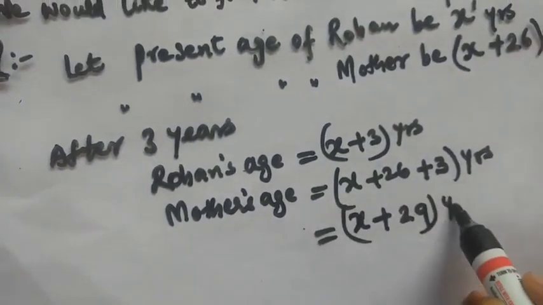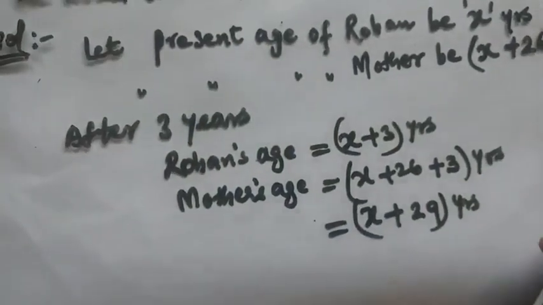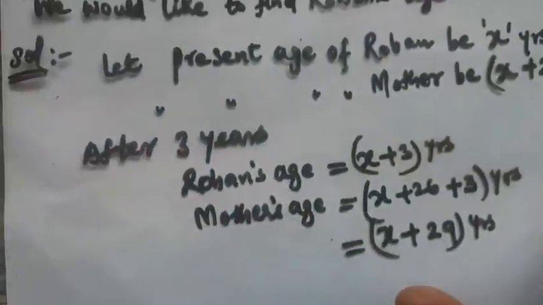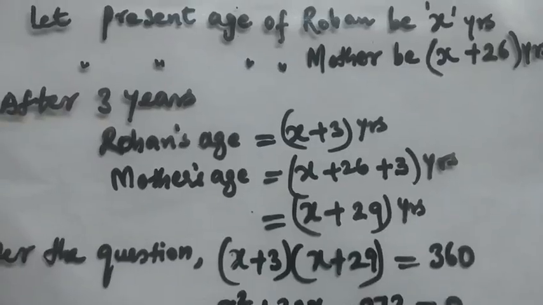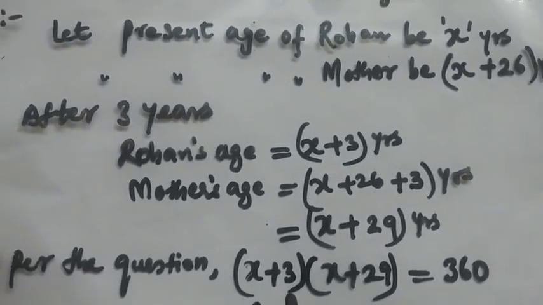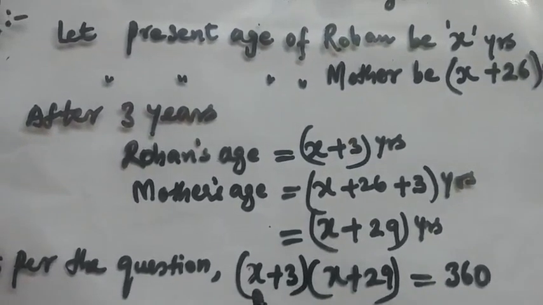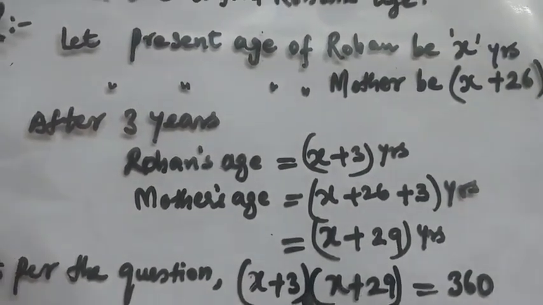Now as per the question, he is saying that the product of their ages after 3 years will be this. So let's write down as per the question. Here it is given that the product of their ages. So this is Rohan's age, this is mother's age. I am doing multiplication because the word here used is product, is 360.